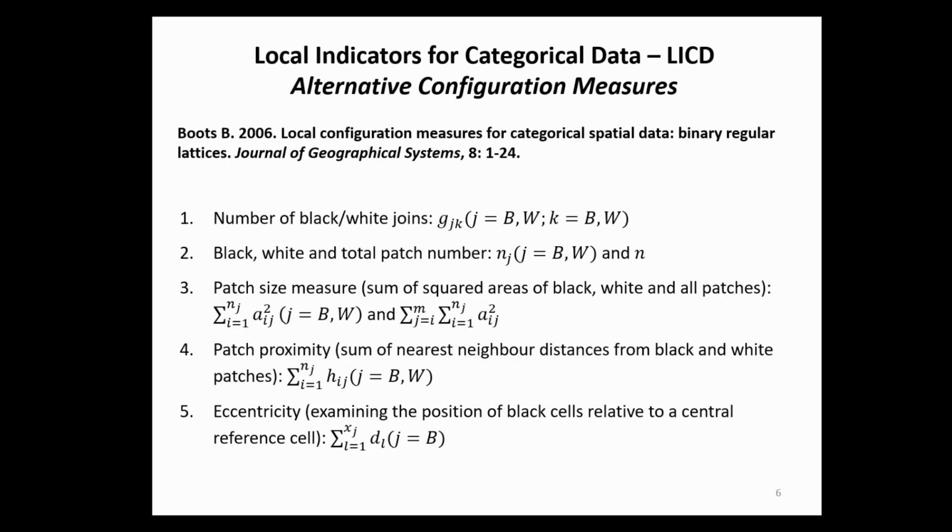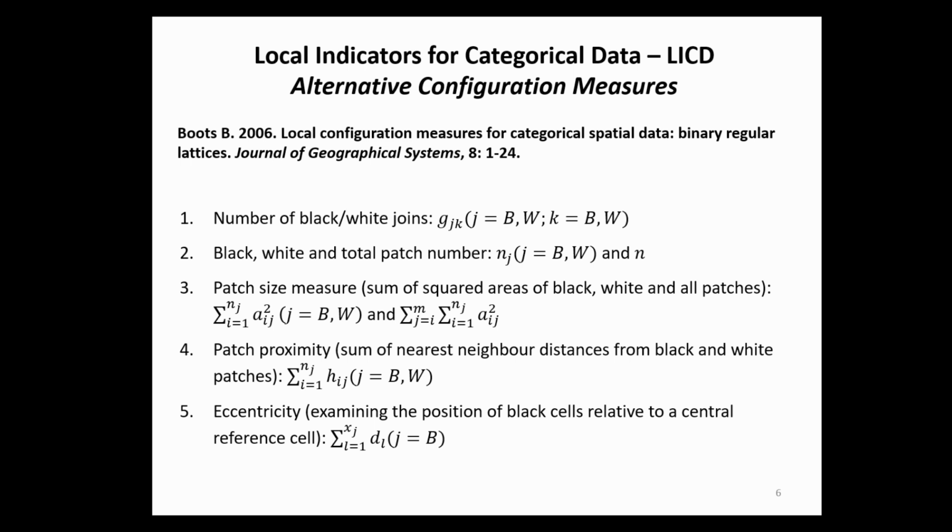Another aspect, I'll go very fast because I've already been given a warning. In a later paper, Boots acknowledges that one measurement of local configuration is not enough. Based on existing studies, especially in image processing, he defines five different alternative ways of analyzing spatial configurations.